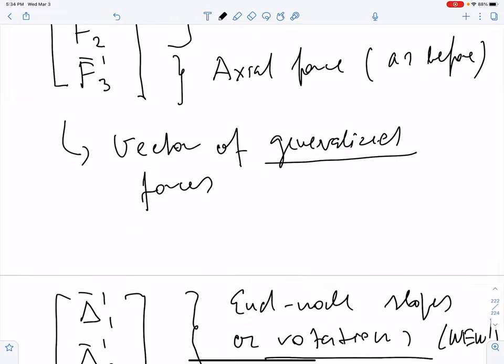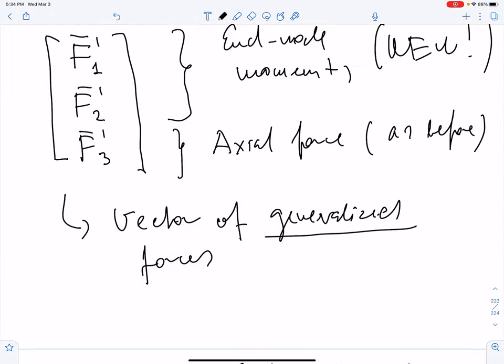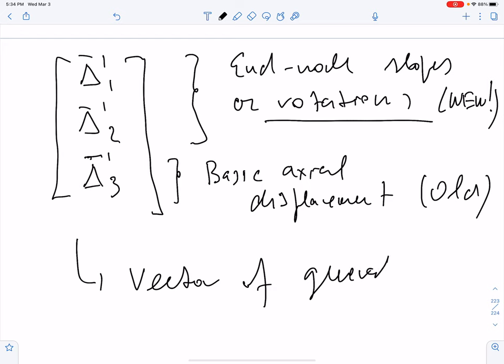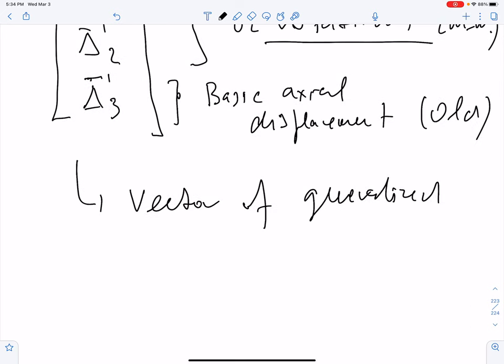And so just like we have a vector of generalized forces, this becomes, guess what? Vector of generalized displacements.